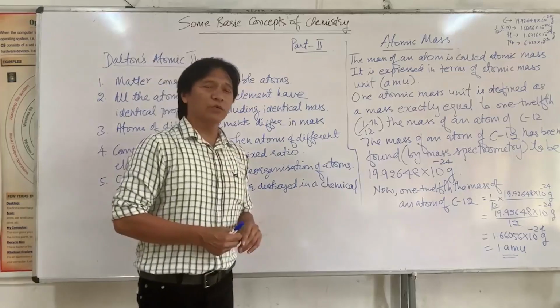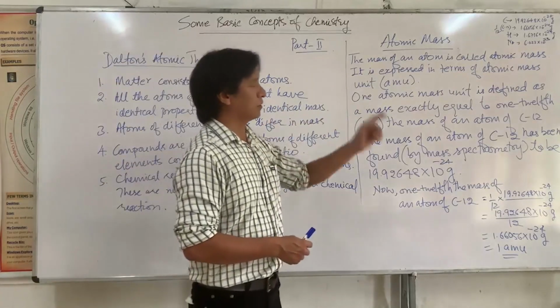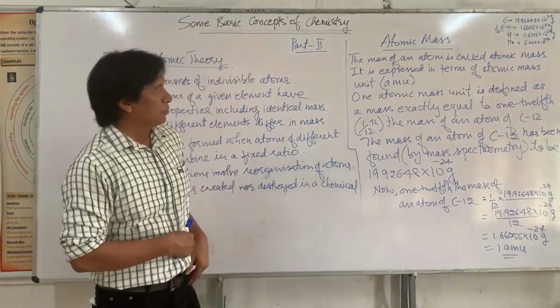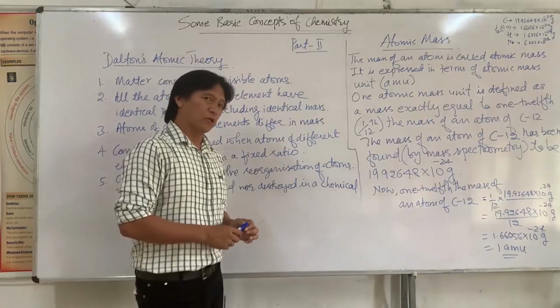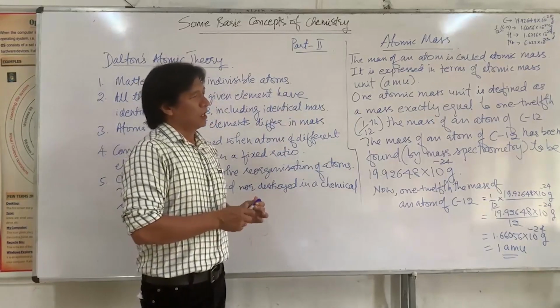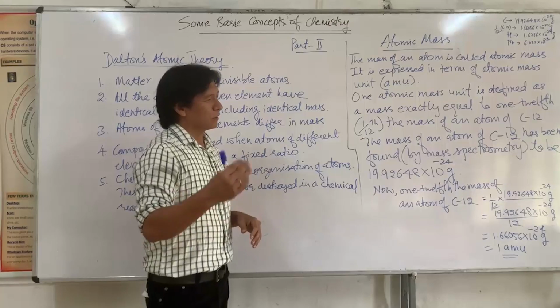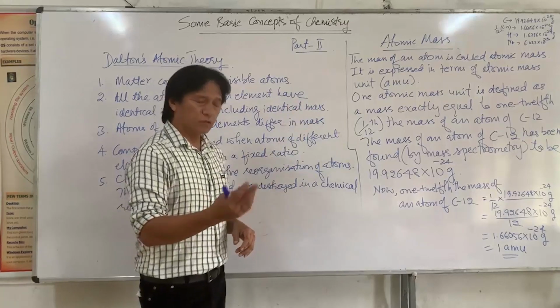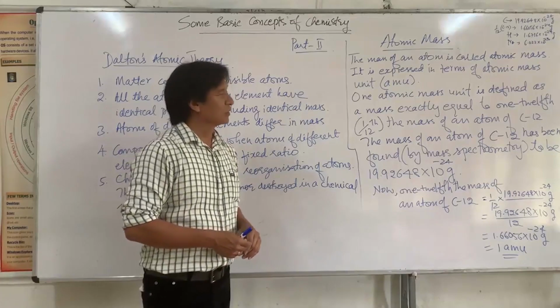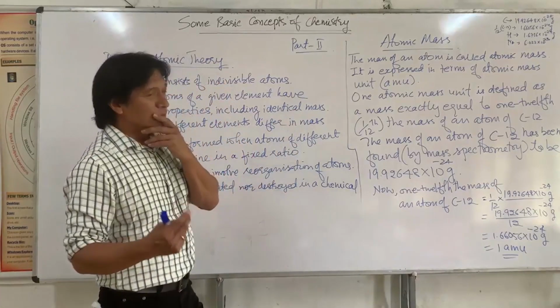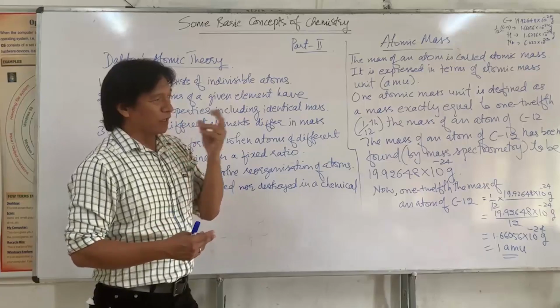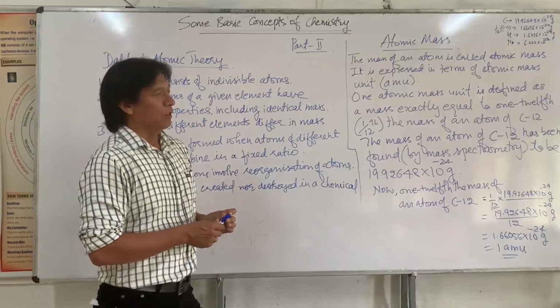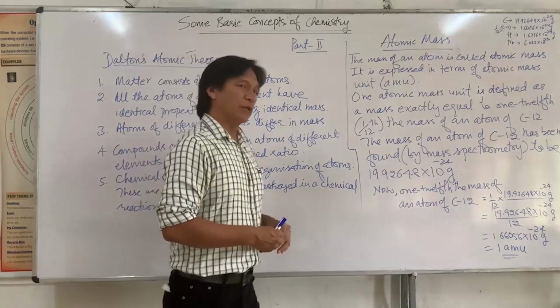Now, next we shall go on to atomic mass. Now, before we start talking about atomic mass, the first thing is, let's see what is an atom, and we shall also see what is a molecule. An atom is the smallest particle of an element which may or may not have independent existence.